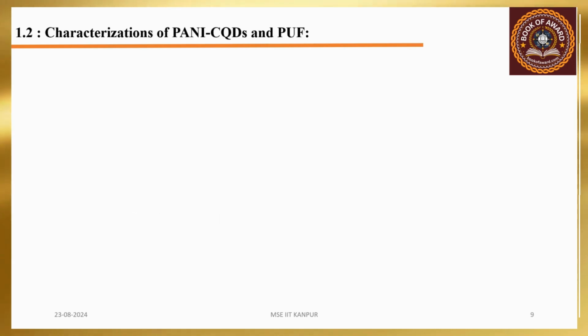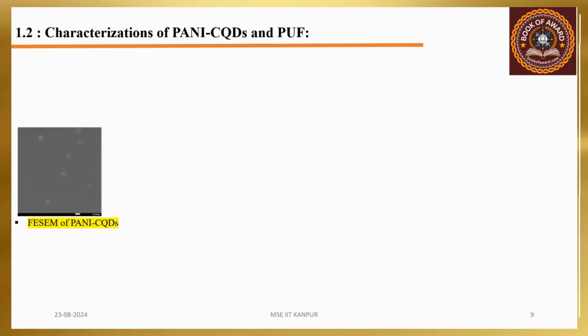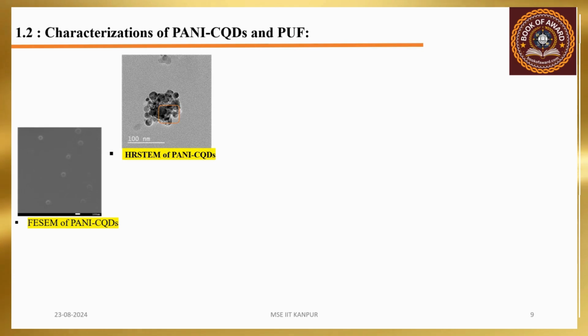To identify the size of Pani carbon quantum dots, firstly, we have done the field emission scanning electron microscope of Pani carbon quantum dots film. It has shown a 100 nanometer size of Pani carbon quantum dots due to the agglomeration of the dots. To identify the single Pani carbon quantum dots, we have done high resolution scanning tunneling electron microscope.